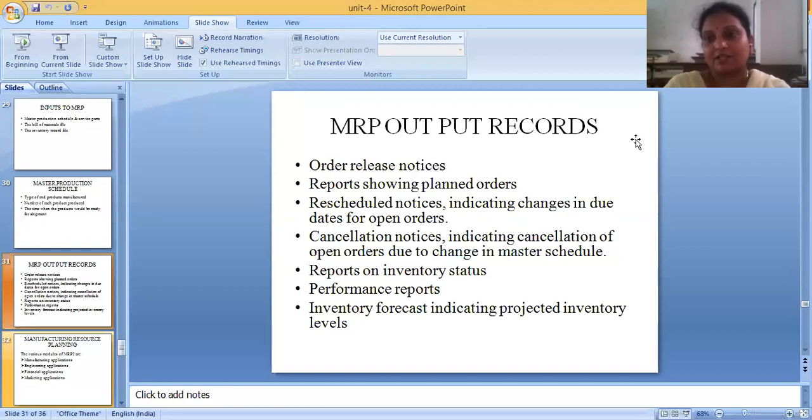That is the cancellation notice. It is where we cancel the order that we have made. Next one is reports on inventory status.